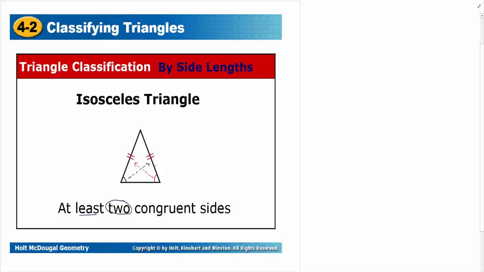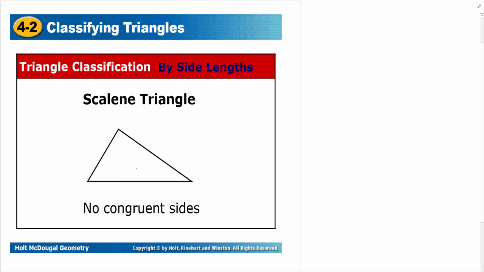Again, we'll go over that pretty soon, but I'd rather be repeating myself when I get to that. So isosceles triangles are going to have at least 2 congruent sides, and therefore at least 2 congruent angles. Put that in there when you do it.